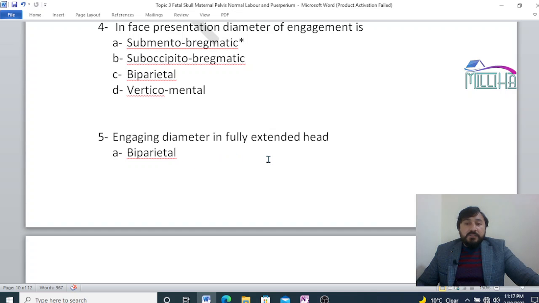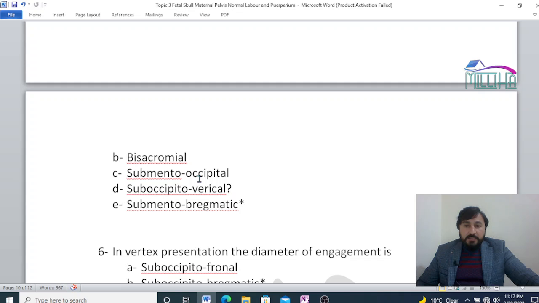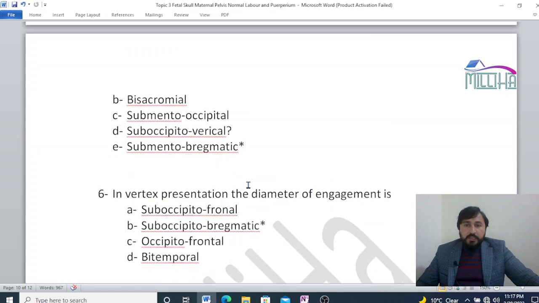Engaging diameter in a fully extended head should be submentobregmatic, but they have answered in a book suboccipitobregmatic. So I have put a question mark. Please check it again, double check it and find out the answer for yourself.